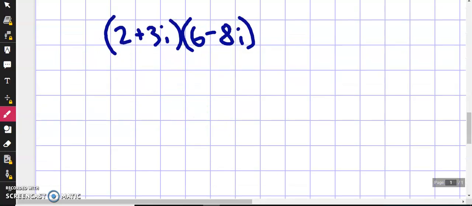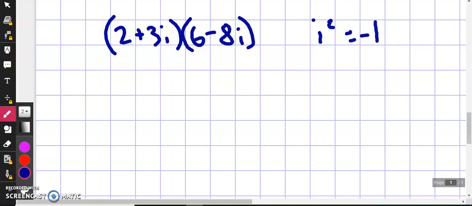For multiplying, it's going to be the same idea. It's going to work just as if those i's were x's. The only thing that's different is that i is special. We know from earlier that i squared equals negative 1. So I'm going to need to keep that in mind as I am finalizing my answer.